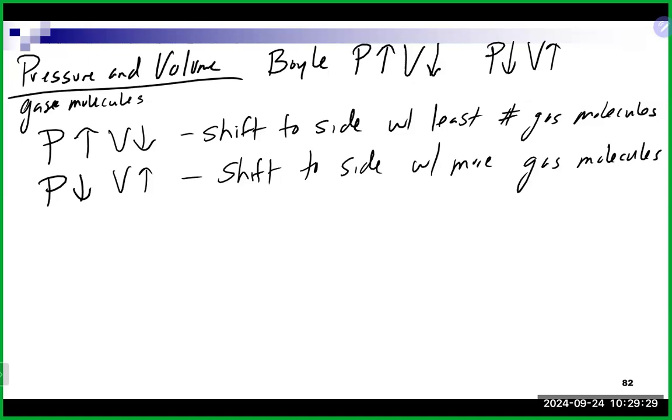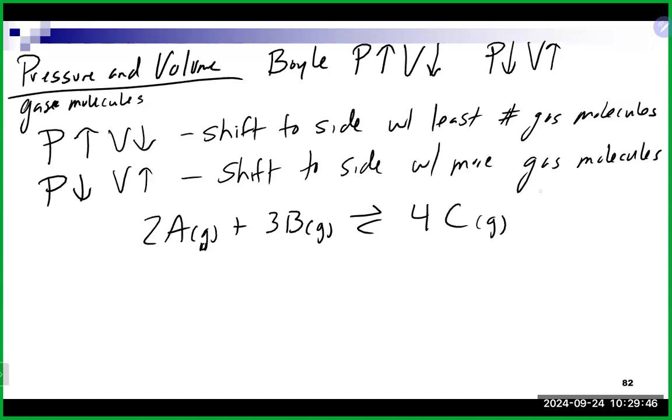Question on that there. So if we had something like, say, this plus this, what I want to know is, will it shift to the right, to the left, or no change if I do the following things?